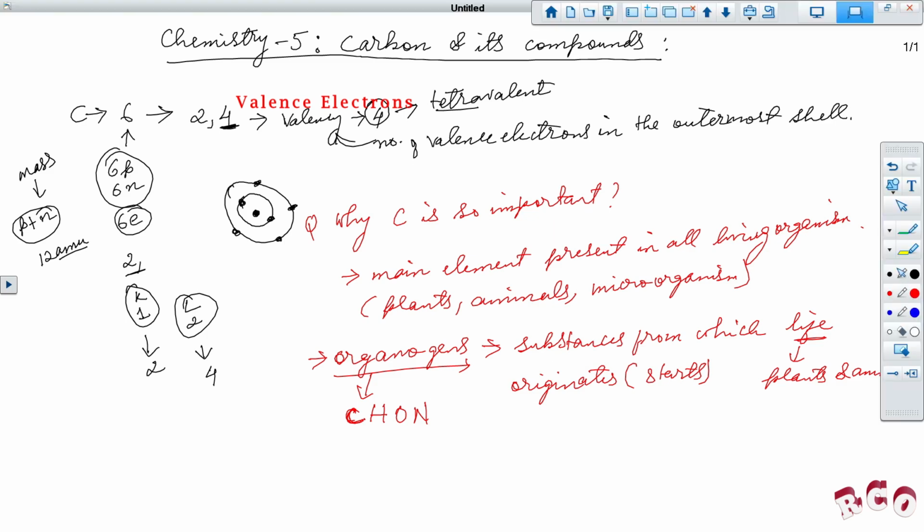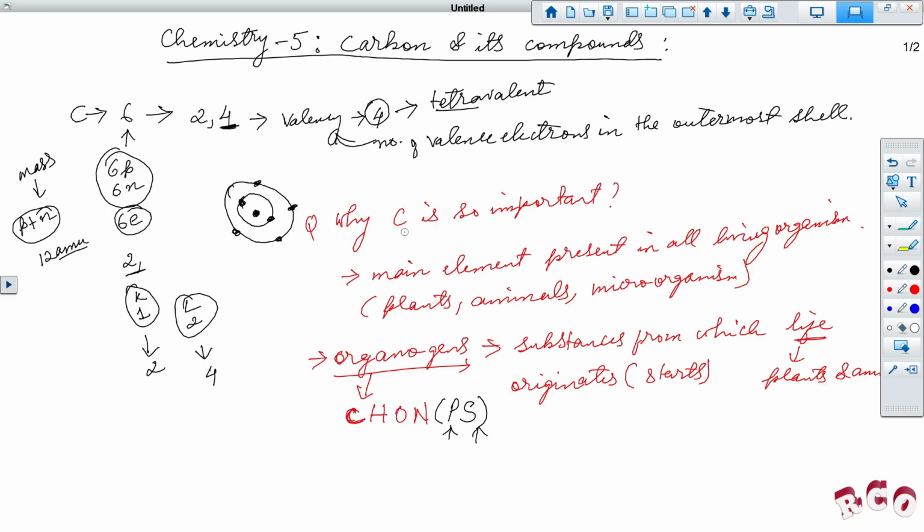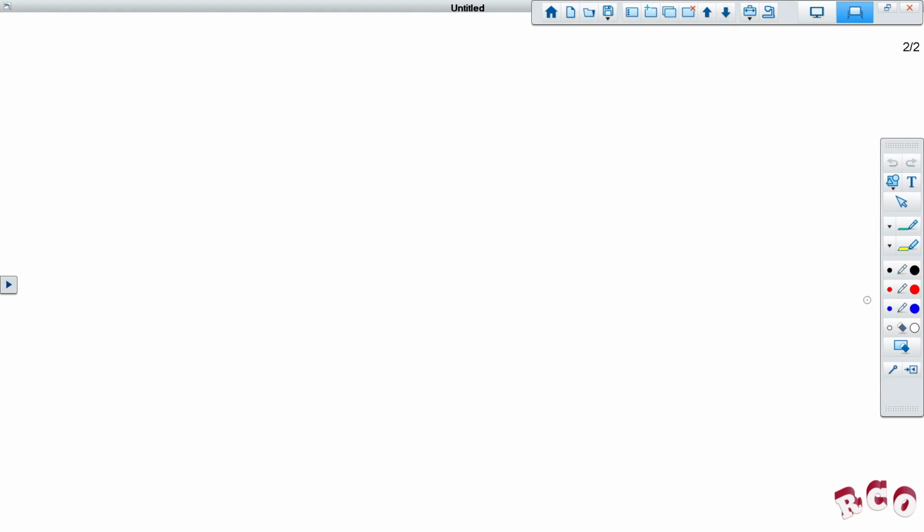Sometimes two more elements, phosphorus and sulfur, are also included as organogens. So let us go to the next page. We were discussing why carbon is so important. Here, organogens are the main elements.